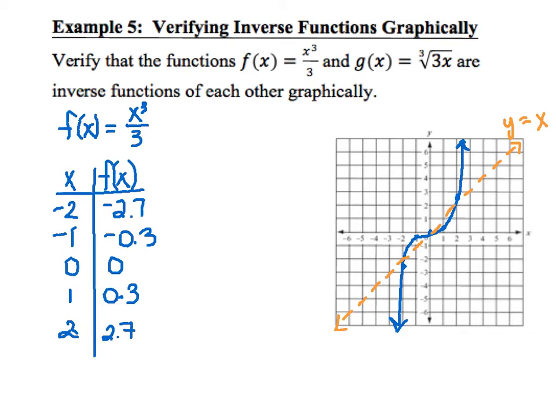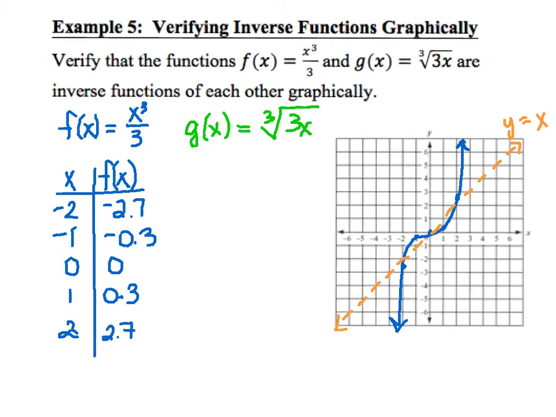So let's do g of x. So g of x equals the third root of 3 times x. And even though you have a radical sign here, it doesn't mean you can only plug in positive values because you have a third root.